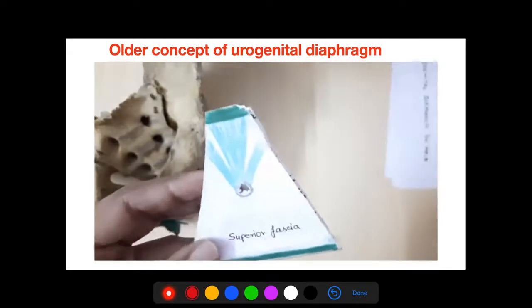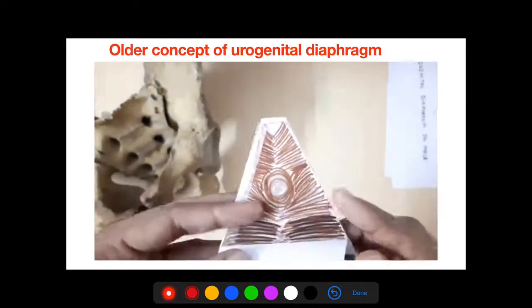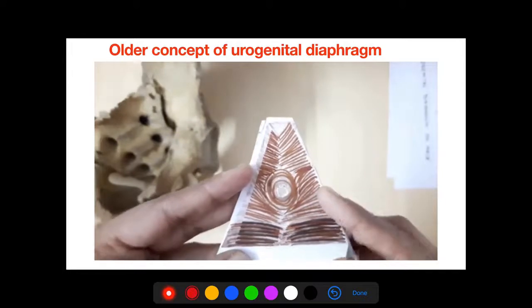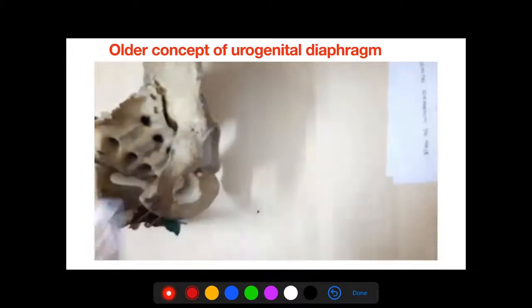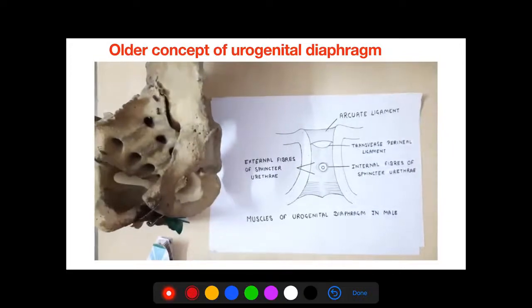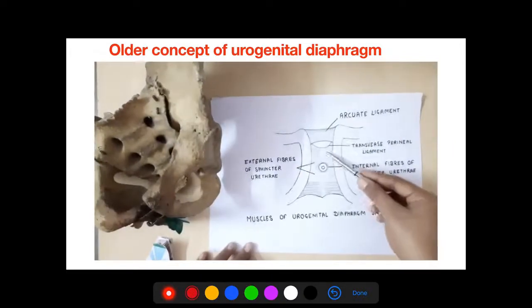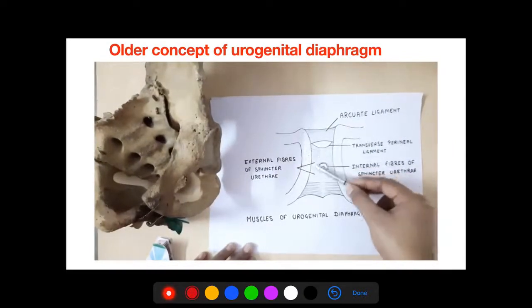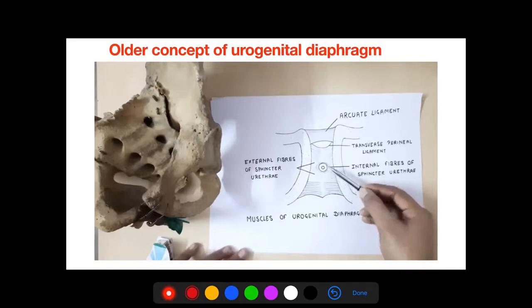Now come to the sphincter urethrae muscle. This is a paired muscle. In this diagram you can see this is the musculature of urogenital diaphragm in males. Here you can see this is the sphincter urethrae muscle. This muscle surrounds the whole length of the membranous portion of male urethra.